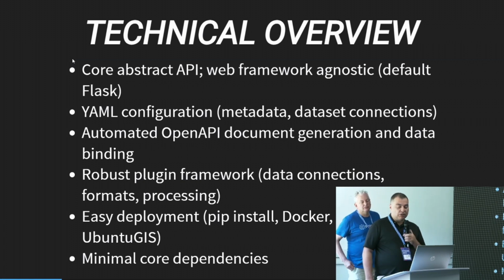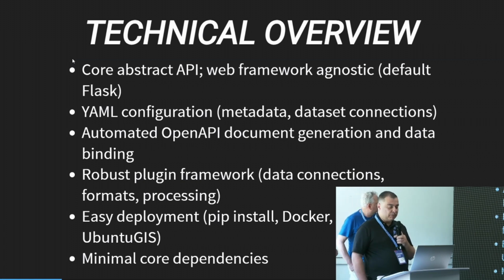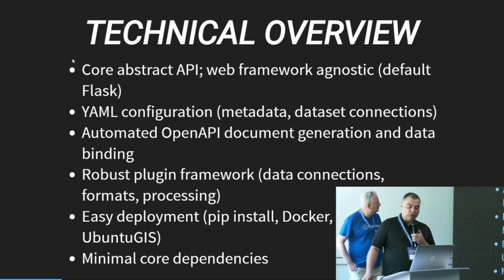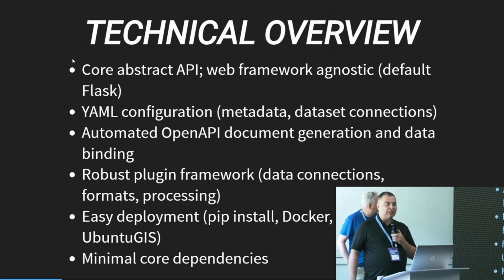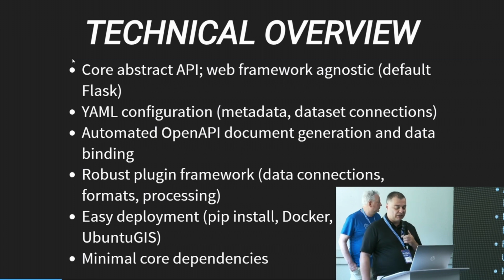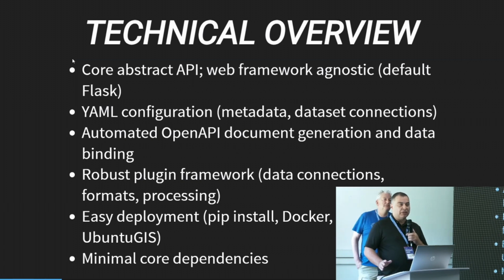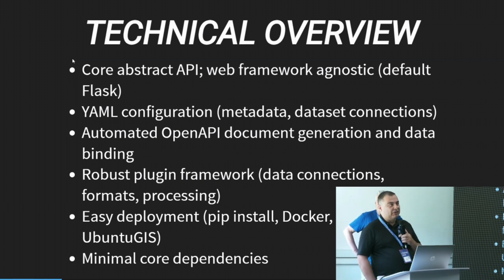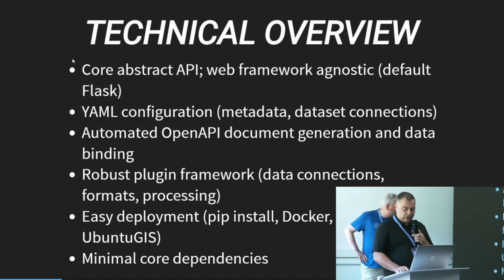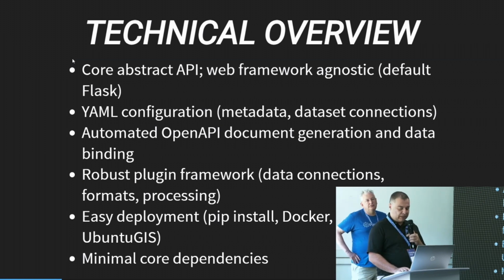Relatively easy to deploy, whether you want something very simple via pip or Docker or Conda, or if you want something like Debian or Ubuntu GIS for that matter, a number of different options in terms of installing the tool, which is important because a number of us have different requirements and deployment scenarios in our organizations. And we try to run the whole thing with a minimal set of core dependencies. Obviously, you can add your own as things evolve in your application.